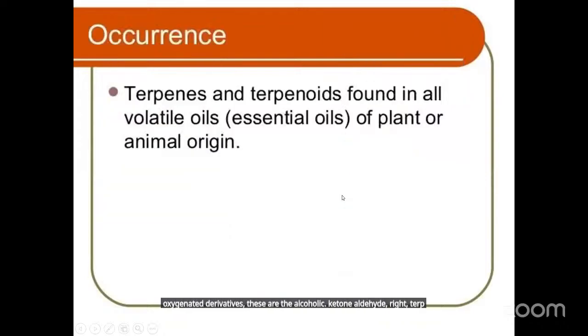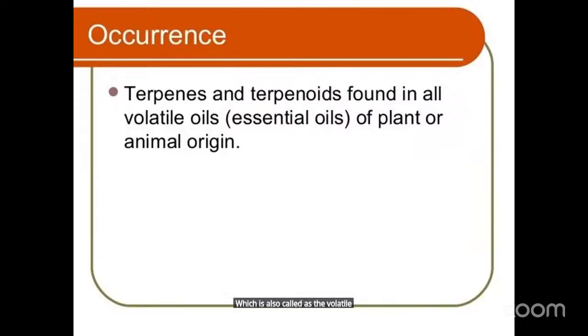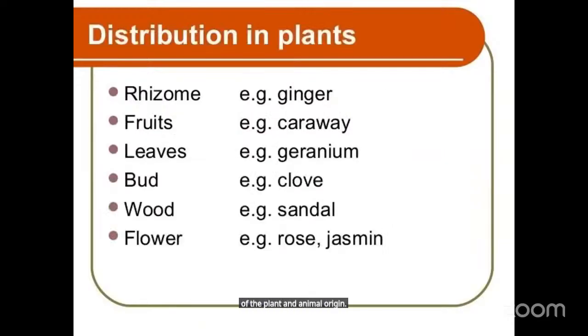Terpenes and terpenoids are mainly found in essential oil, which is also called volatile oil. Eucalyptus oil is of plant origin. Rhizome, that is ginger. If you remember the very first lecture of general pharmacognosy, at that time we saw rhizome, the underground part of the plant, right? So we discussed ginger at that time. Then fruits, caraway, carvi.